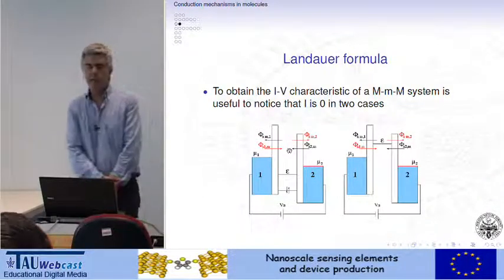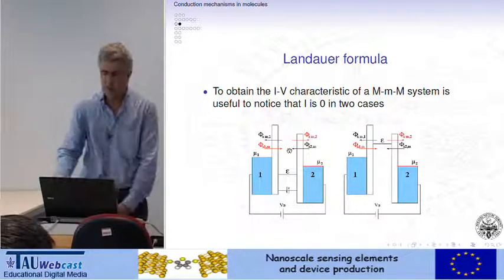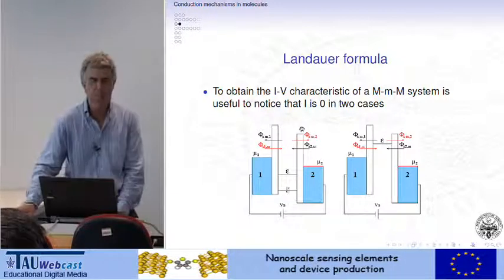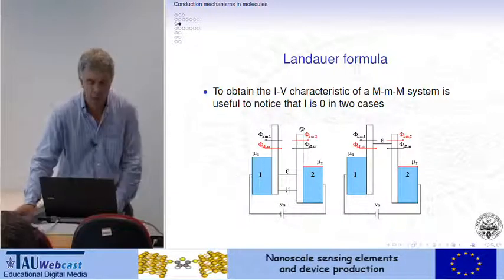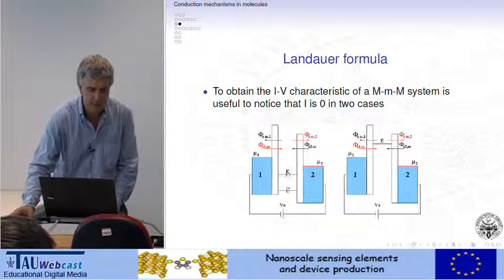To do that, we can consider these two cases. These two cases can help us to be more confident with that equation. So we can imagine two different conditions. On the left, we have a condition where the molecular level E is there.